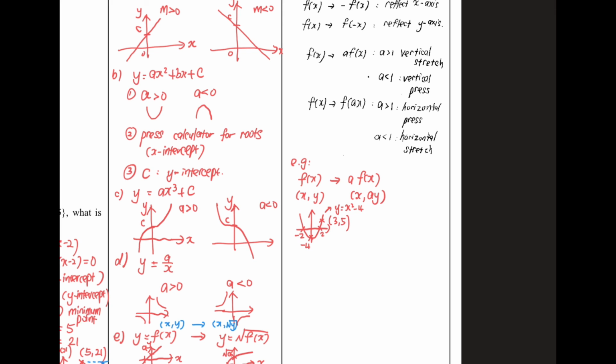So if we multiply a value to the function, what happens to the graph? Let's say for example, I have y equal to 2 times (x squared minus 4). As you can see, I multiply 2 to the whole function just now, so it will affect the y coordinate. You just need to times 2 to the y coordinate.